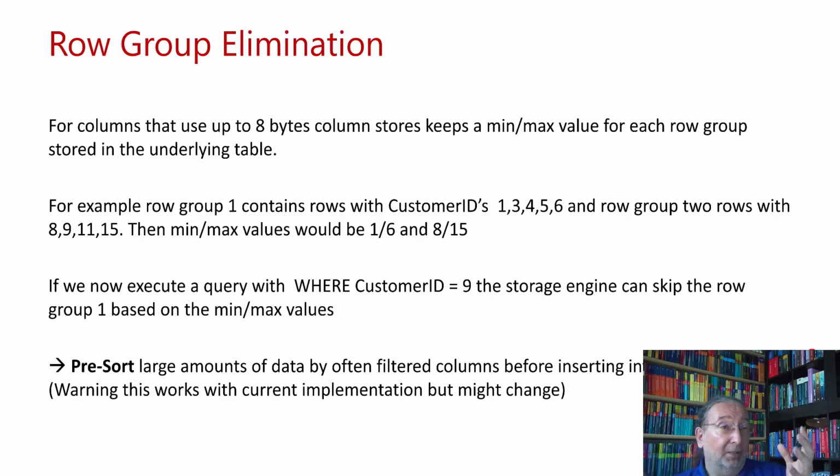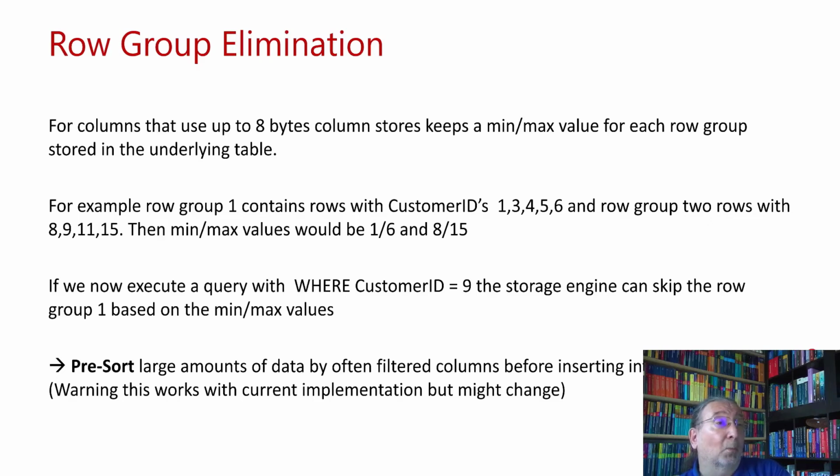So we insert 1,048,576 rows per partition at a time. But what we also try to do is, by a second key, not the partitioning key, but a second key that we filter on a lot, we pre-sort the data.